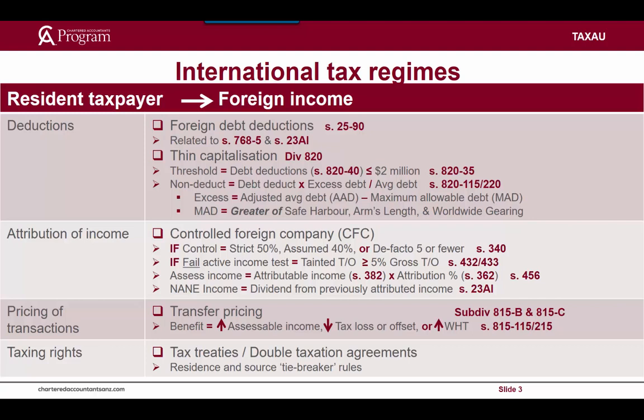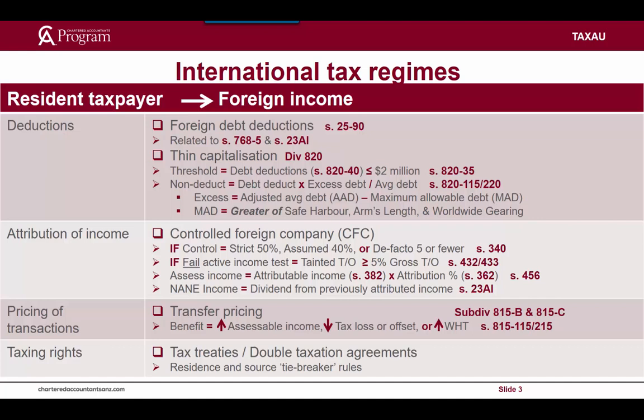There are also international tax rules that can affect the pricing of international transactions, generally between related parties, or in other words, parties that are not dealing with each other at arm's length. Under the transfer pricing rules in Subdivision 815-B and 815-C, where there is a tax benefit, the taxpayer may be required to increase their assessable income, decrease tax losses or offsets, or increase their liability for withholding tax.